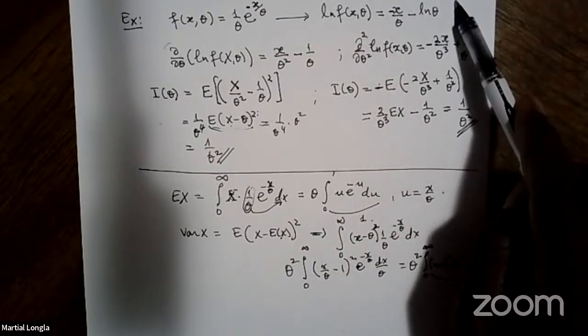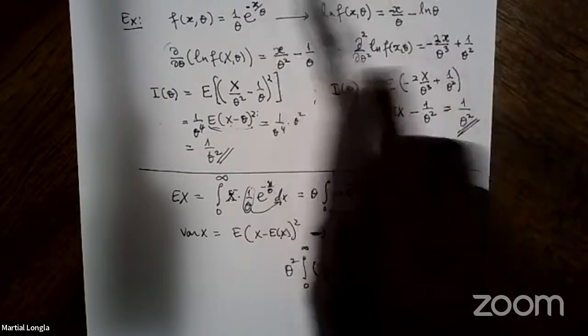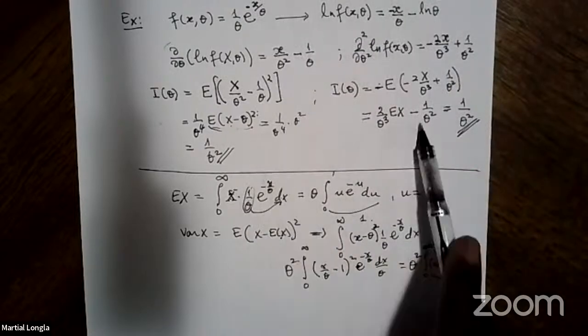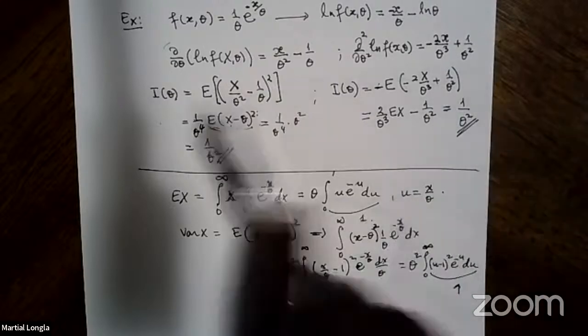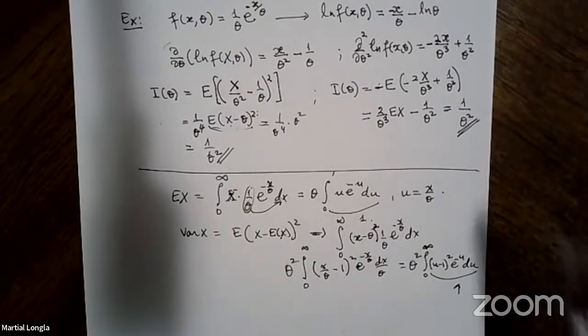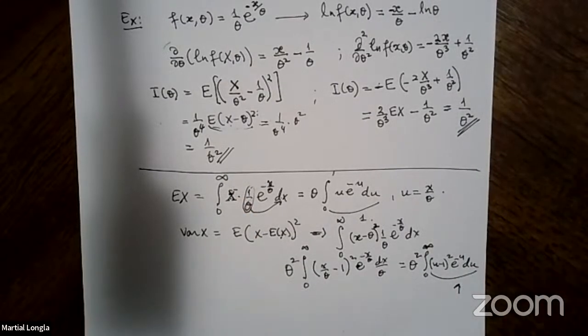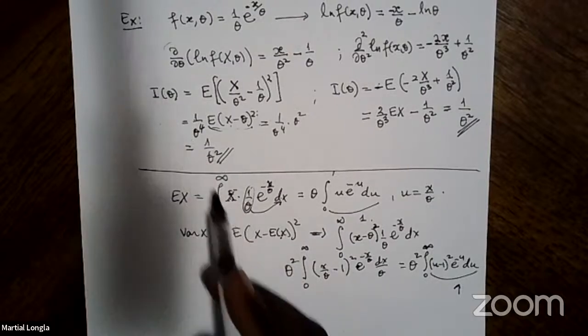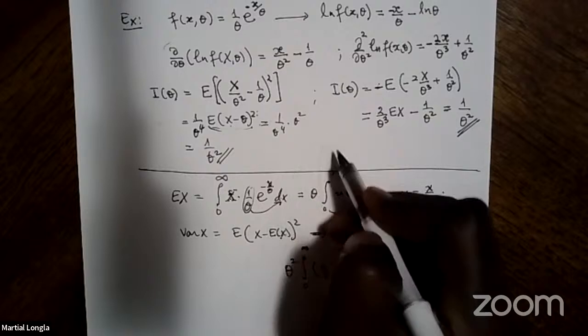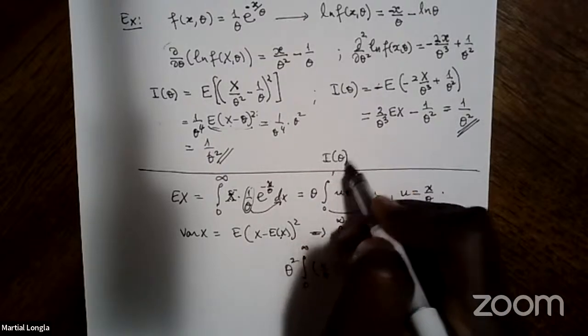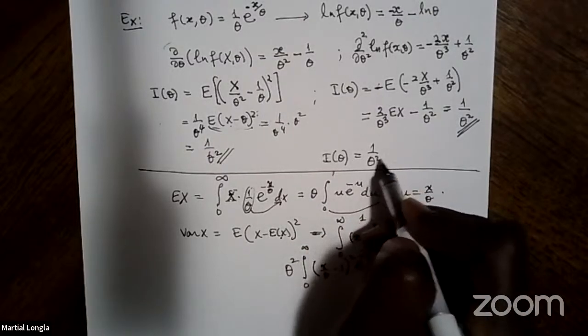So no matter how you choose to compute, as I'm showing you in this example, whether you compute it this way or that way, you get the same thing when those conditions are satisfied. Okay. So the Fisher information we got for this example is I of theta equals 1 over theta squared.